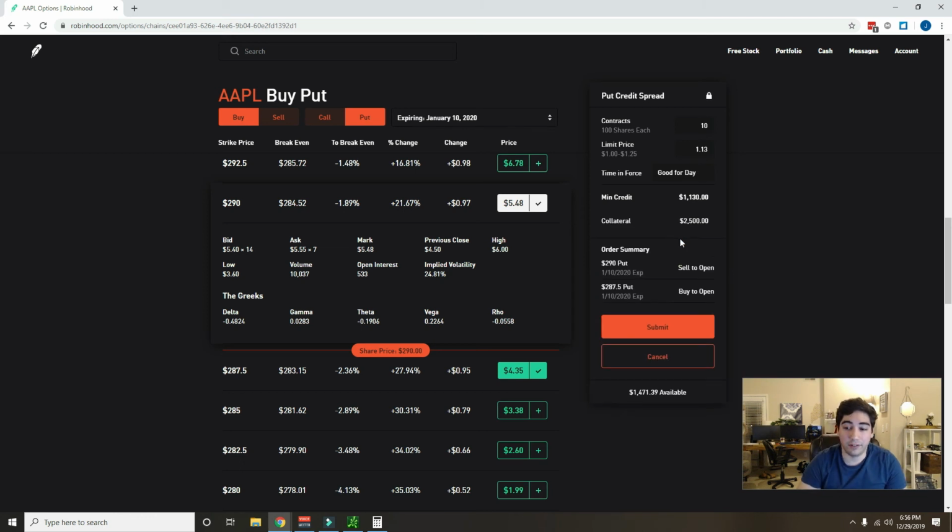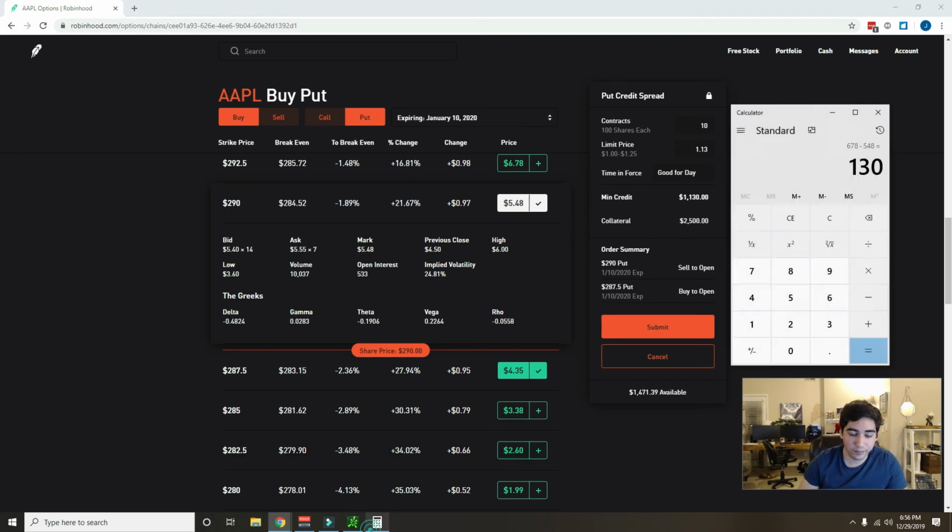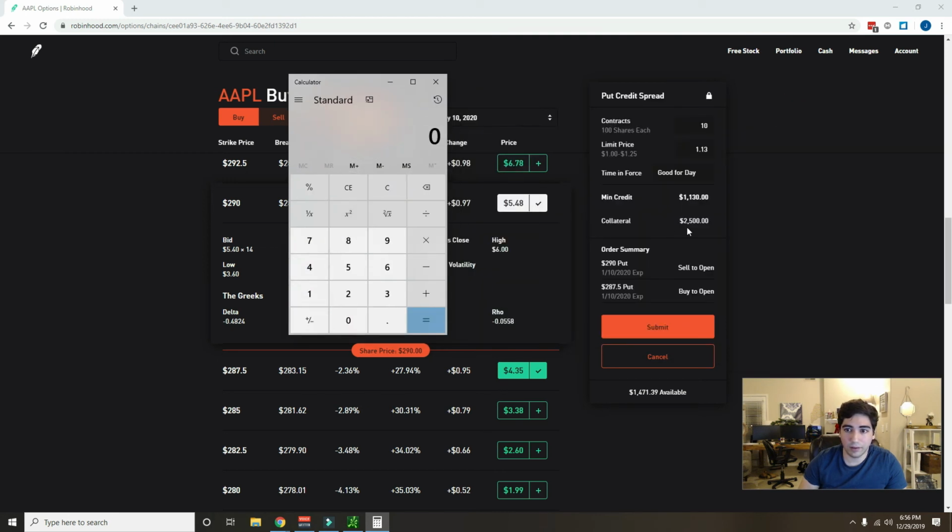So now things are getting serious because we're risking, this number is skewed a little bit, so it's that 137 times 10. This is what we're risking, $1,370, risking that to potentially make $1,130 with statistically a 65% chance of being right.